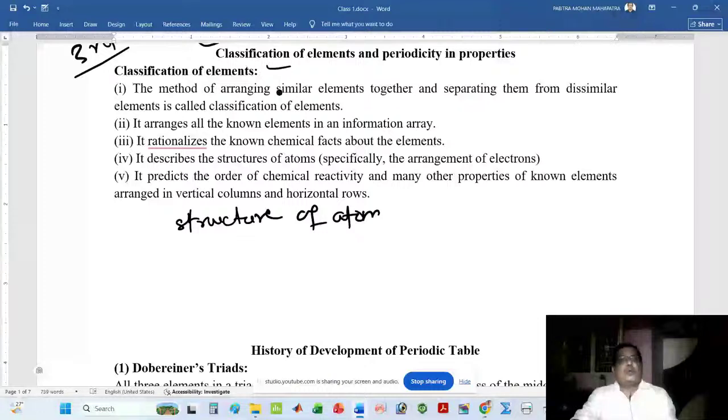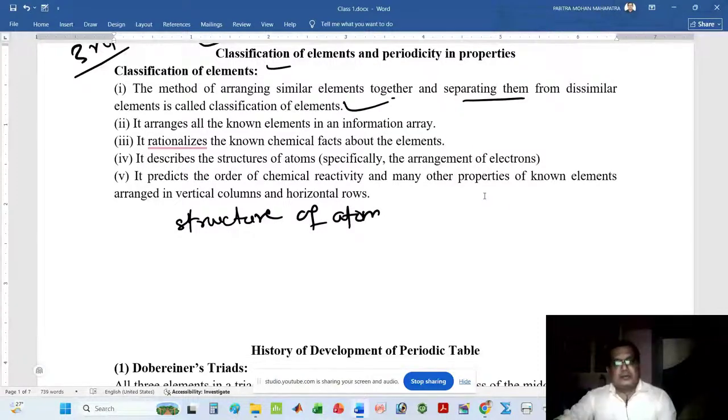What is the classification of elements? The method of arranging similar elements together and separating them from dissimilar elements is called classification. 118 elements are present in the modern periodic table.